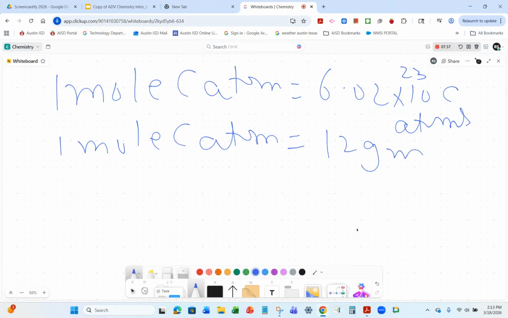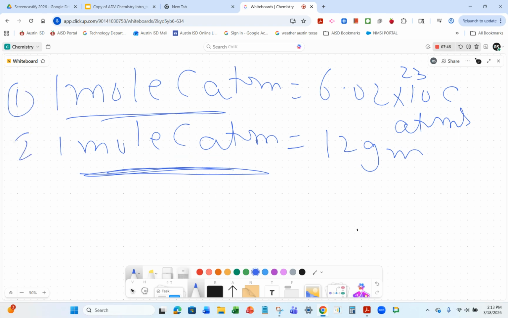Now look at these two known pieces of information about carbon atom. Don't you see that the left hand side in both is the same? Can I connect them? Yes, I can connect 1 and 2, because I can cancel the left hand side.